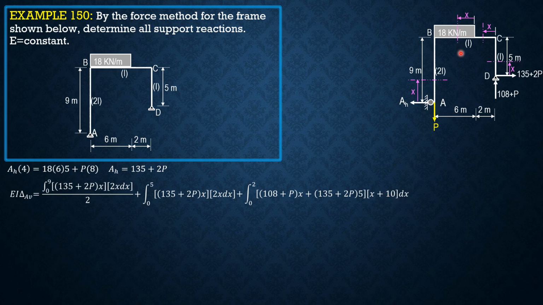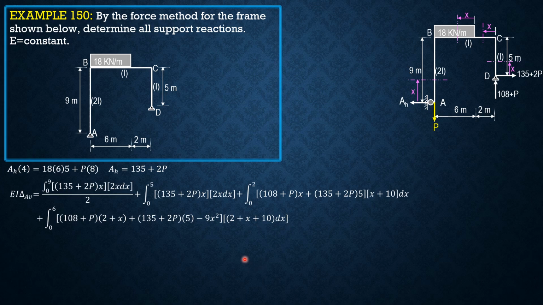And finally, in this section, plus integral 0 to 6 of quantity 108 plus P times 2 plus x, then plus 135 plus 2P times 5 minus 18 times x over 2, so minus 9x squared. The derivative of this equation is 2 plus x, then 2P times 5 is 10P, so the derivative is 10, so plus 10 x dx.